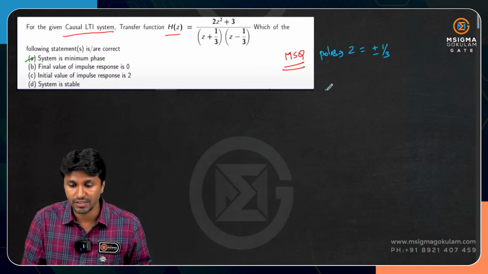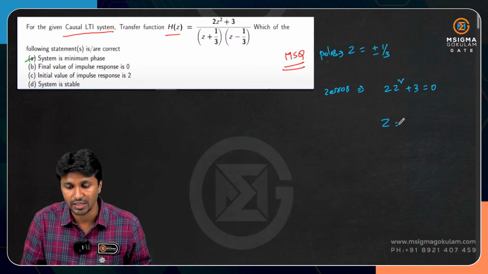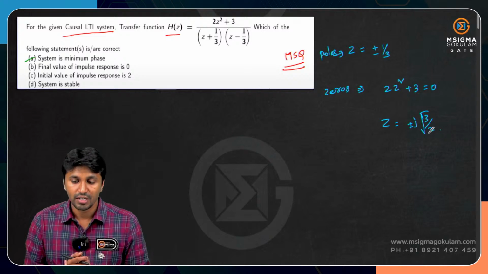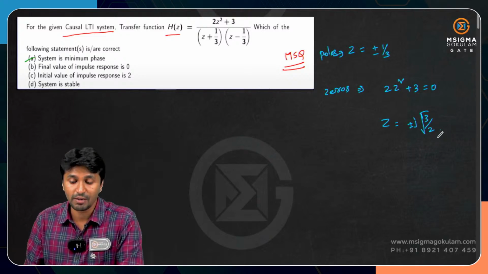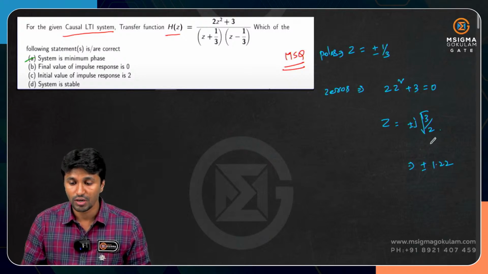Now the location of zeros: the roots of the numerator polynomial 2z square plus 3 equal to 0, so z is equal to plus or minus j into square root of 3 by 2. Square root of 3 by 2, that is square root of 1.5, is around 1.22.